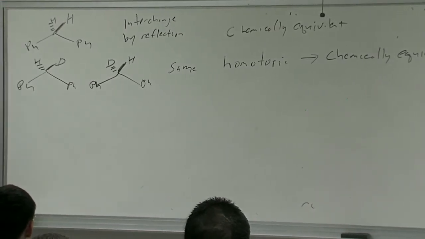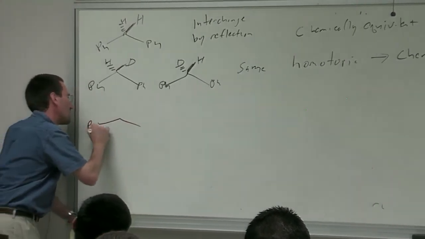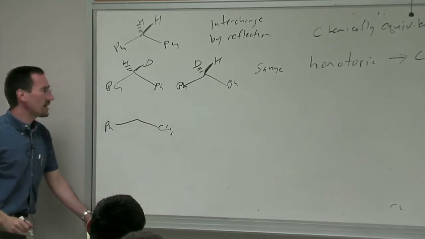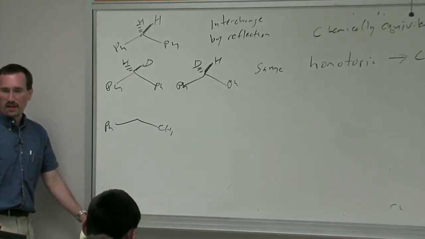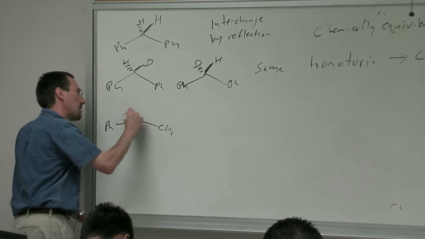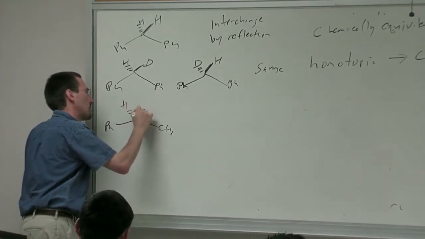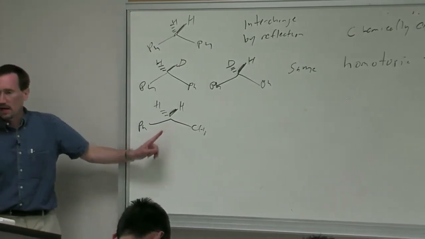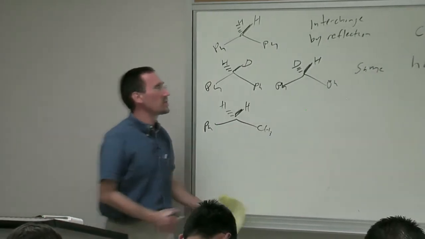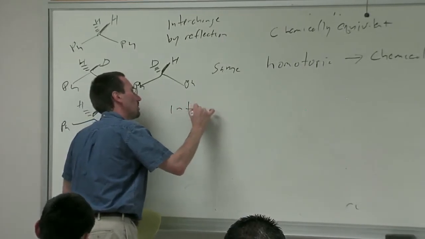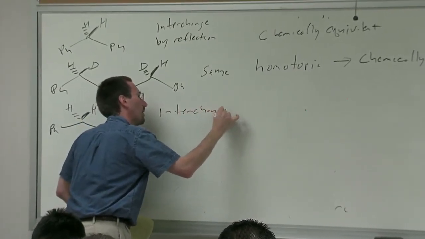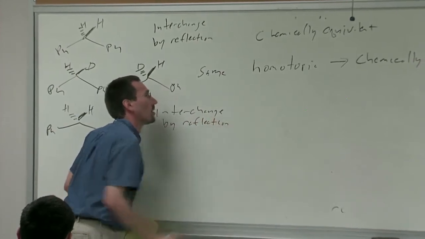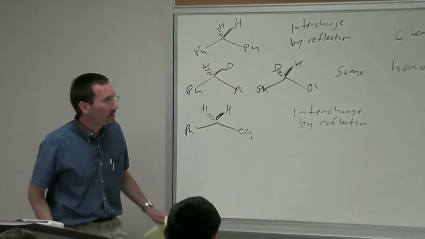Let's try another molecule. Obviously, these are trivial. So let's take, instead of diphenylmethane, let's take ethylbenzene. And again, we'll consider the methylene group. The two hydrogen groups of the methylene group still exchange by reflection. So they meet the criterion there.